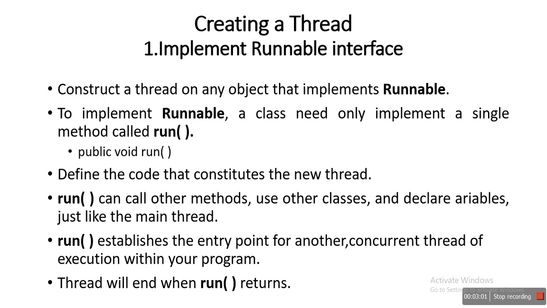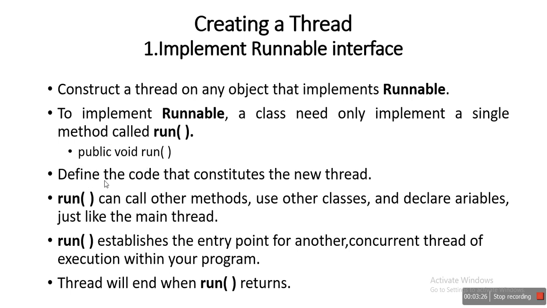The syntax: the access specifier is public, the return type is void, and the name is run. It is a Thread class standard method; this void run method is declared within the Thread package.